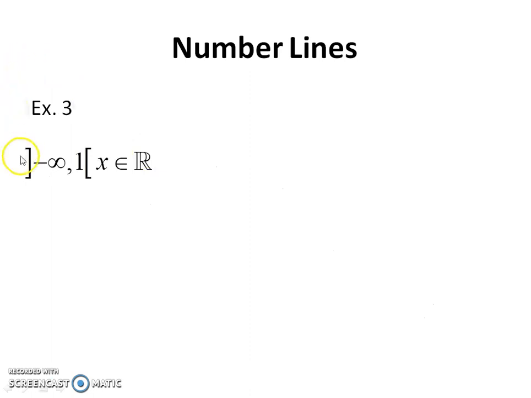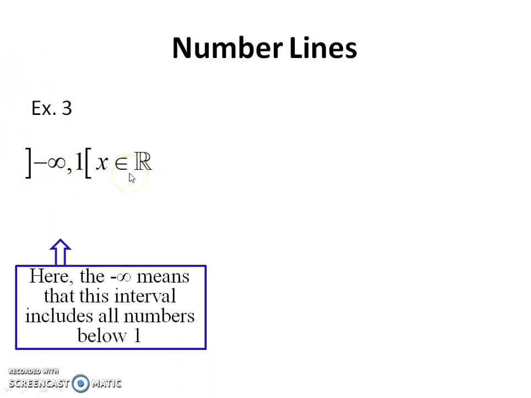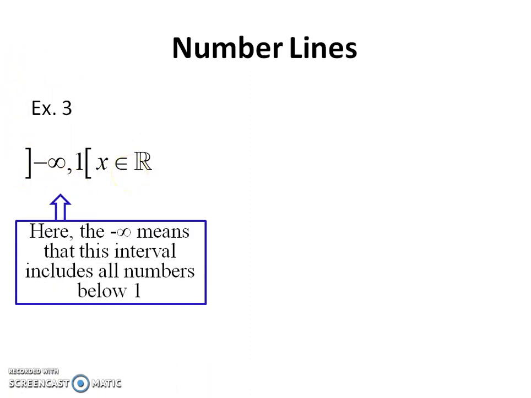Any interval that has an infinity in it, negative infinity or positive infinity, the two numbers in the interval are always listed with the smallest one first and the largest one second.